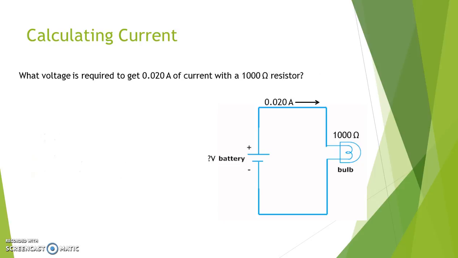And we can rearrange the equation to do things like determine the voltage required to get 0.02 amps with a 1000 ohm resistance. So in this case, we rearrange the equation, V equals IR, and we see that we need 0.02 times 1000, or 20 volts, to get 0.02 amps.